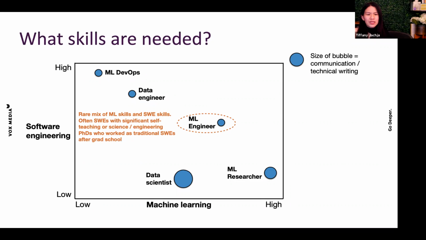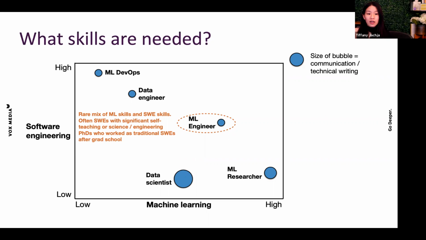And so machine learning engineers, they can have a variety of backgrounds. You can come from a software engineering background with quite a bit of machine learning experience. Maybe you did a data science degree, master's degree, bachelor's specialization, whatever it happens to be.